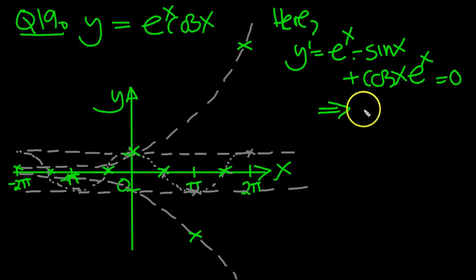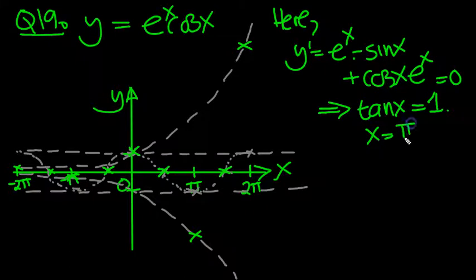Divide both sides by cosine, and that will tell us that tan x equals 1, won't it? So x is pi over 4, plus or minus n pi is the solution for the tangent.